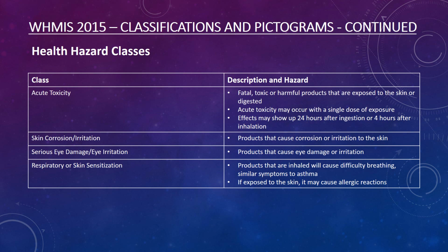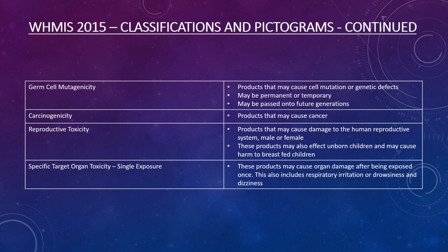If exposed to the skin, it may cause allergic reactions. Germ cell mutagenicity. Description: products that may cause cell mutation or genetic defects. May be permanent or temporary. May be passed on to future generations.